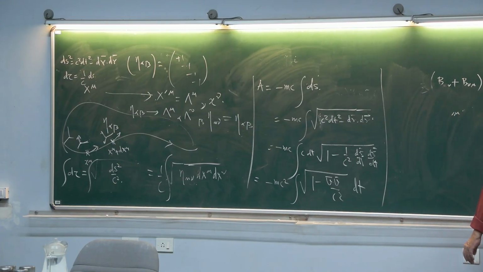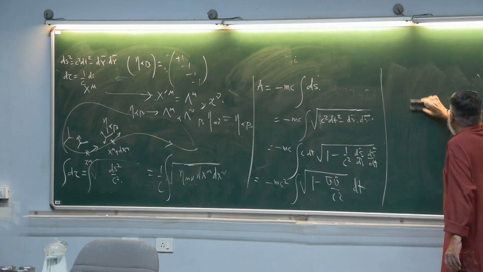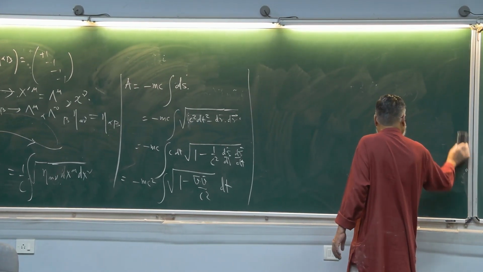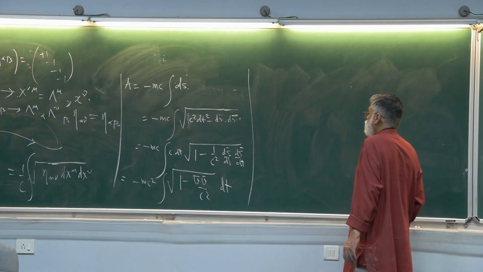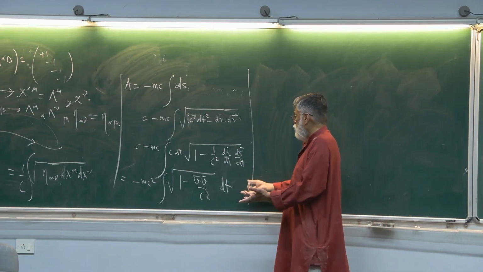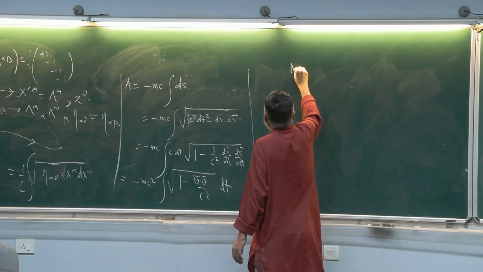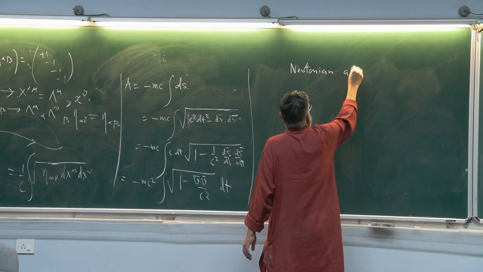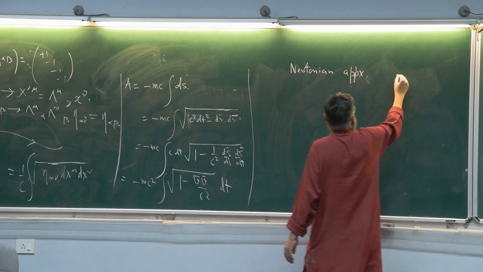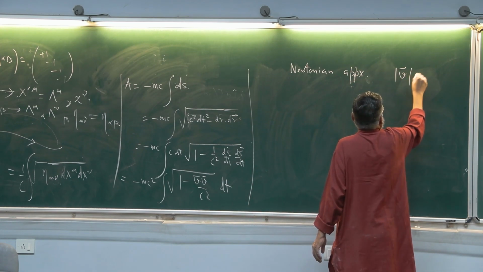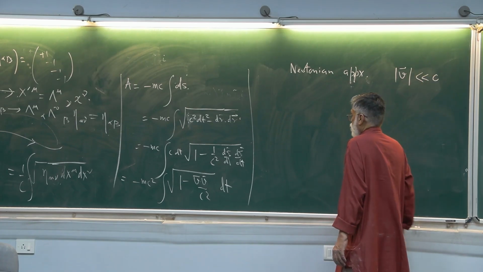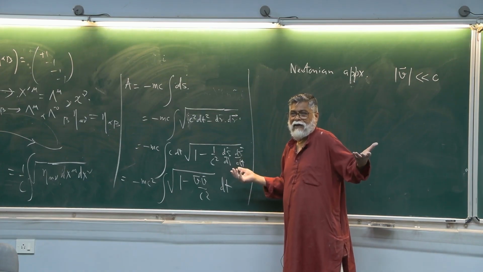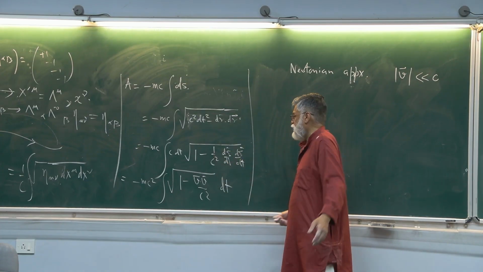But then you will say that I know that for a free particle in Newtonian mechanics, the Lagrangian is simply half mv square, so that the action is the integral of half mv square over time. Is it still true? Yes, it is true, because for the Newtonian approximation the velocity v is much less than c, and v dot v by c square is a negligible quantity. So when I take the square root, I need to take only the first term.